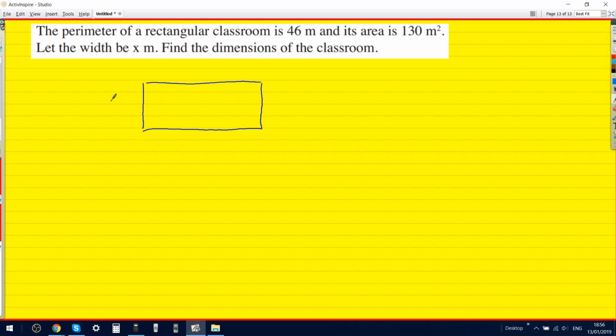Can we call the length L? The perimeter would be 2x plus 2L. And the area would be x times L.